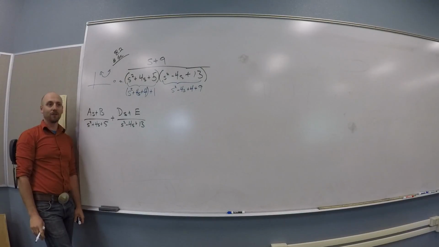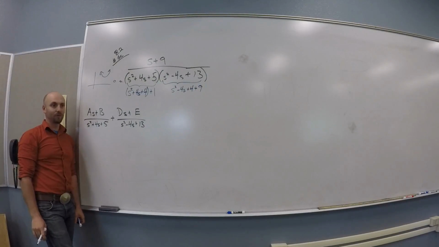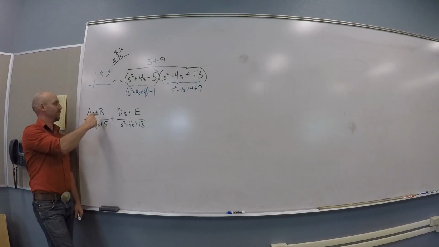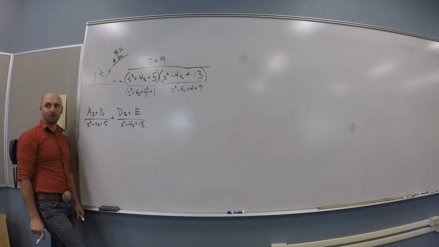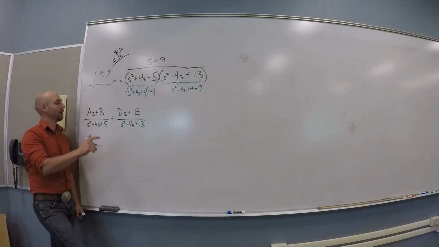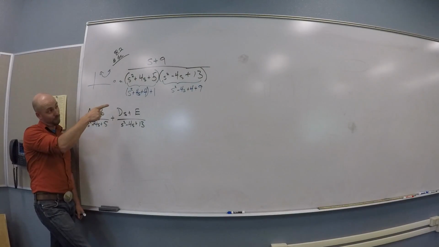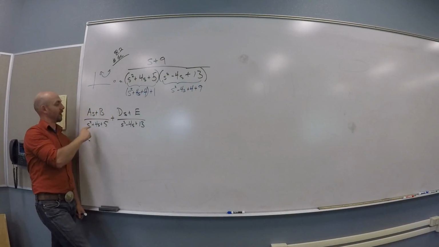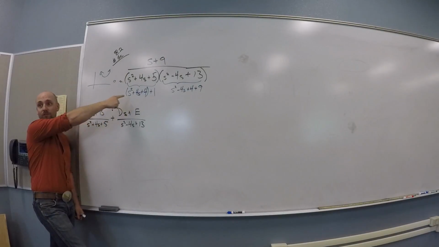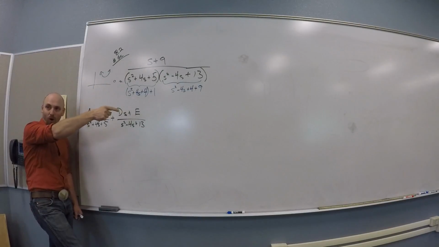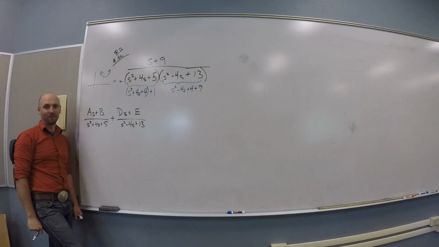At the end here, you'd have to do a little bit of arithmetic and algebraic rearrangement, because you don't know how to inverse Laplace transform b over s squared plus 4s plus 5. But you do know how to inverse Laplace transform a number over (s plus 2) quantity squared plus 1. You know how to inverse Laplace transform that thing.